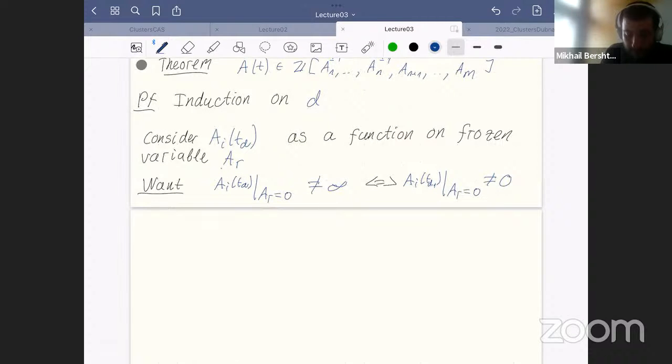Assume that we make some mutation and get a new AK prime. It is equal to the sum of two monomials divided by AK. And now we want to substitute AR equal to 0.